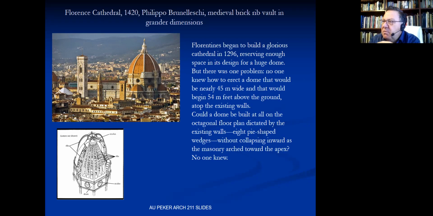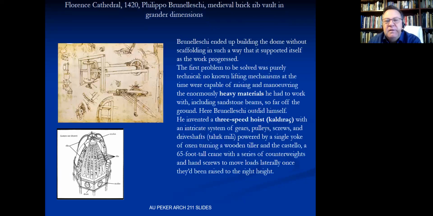I don't know really what happened at this stage. But at the end, later, time passed, and this space remained as such without a dome, this gap at the middle. And at the end, Brunelleschi ended up building the dome.